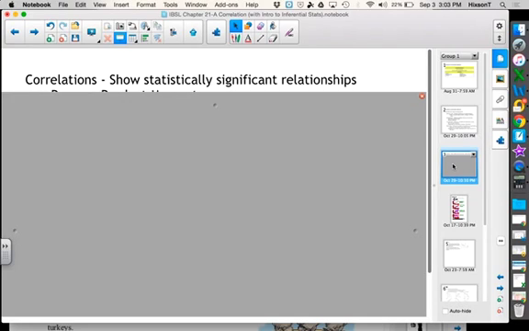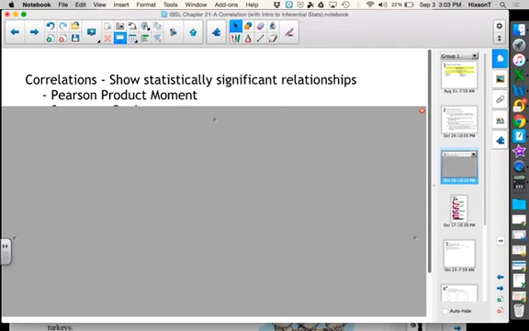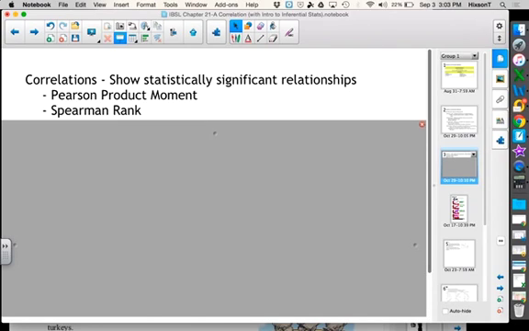And it's nice because you can make it about something totally unrelated to math, but you run the math to show a correlation or disprove a correlation. Anyways, we have the Pearson product moment. That's what we're going to be doing, the Pearson's R value. We'll talk about that a lot more tomorrow.